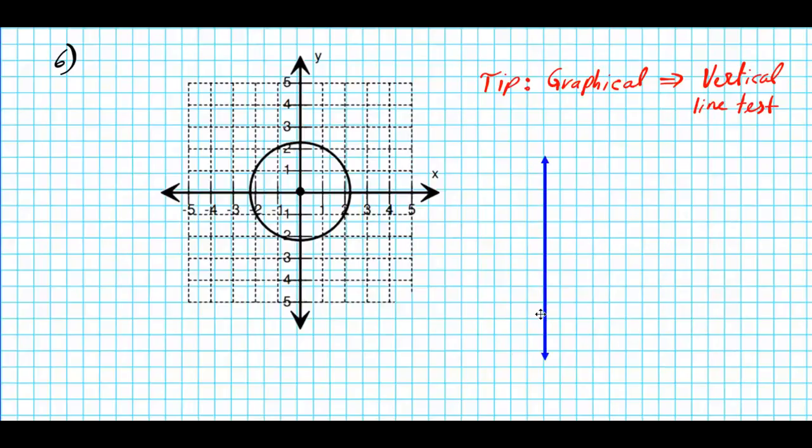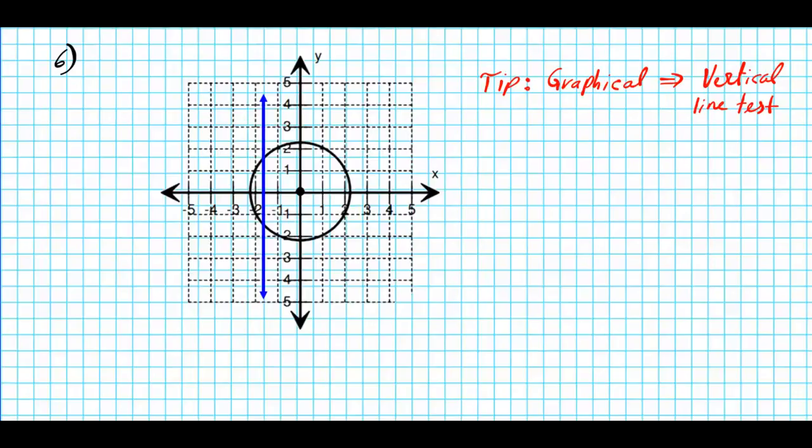Okay, so that goes our vertical line right here. So what we're going to be doing is testing multiple x values graphically, okay? And then we're going to ask ourselves, is there any point in the domain of this function where this vertical line intersects the graph at more than one point? And what do we see here? Yes, it does.